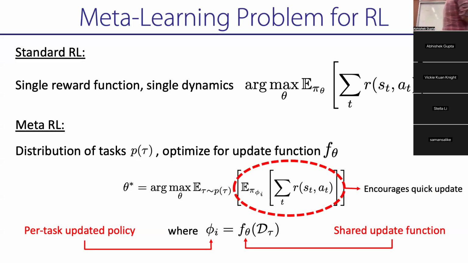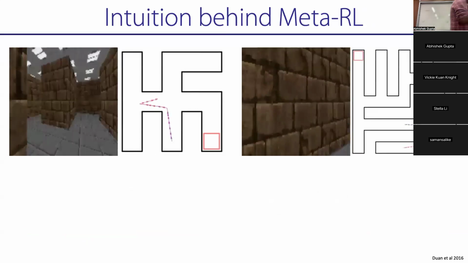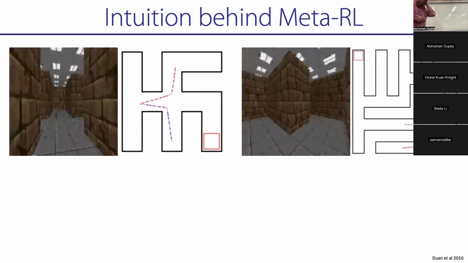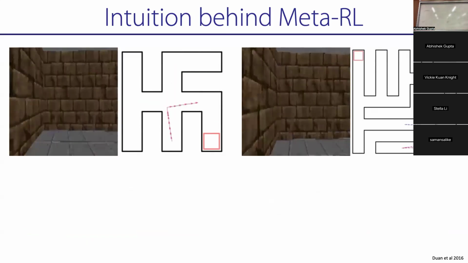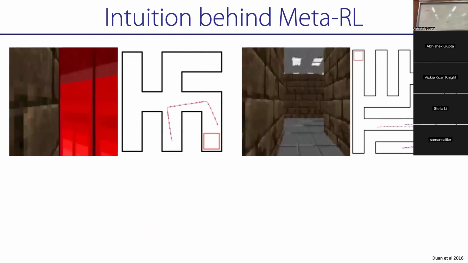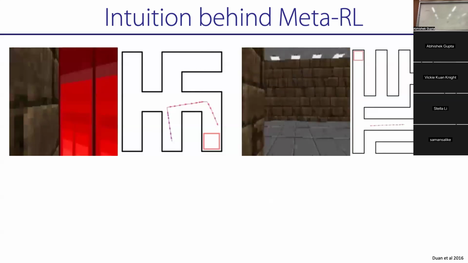Okay, so we'll go into more detail, but some intuition here. This is a paper called RL Square from a few years ago, or like 10 years ago, where they're trying to solve new mazes. The goal is to get to this region.